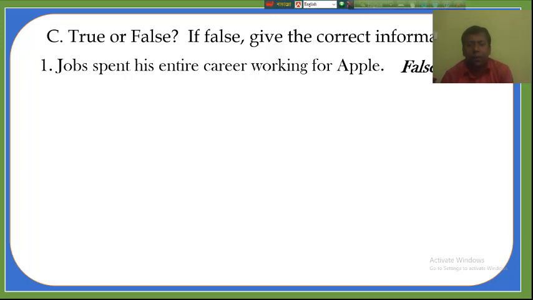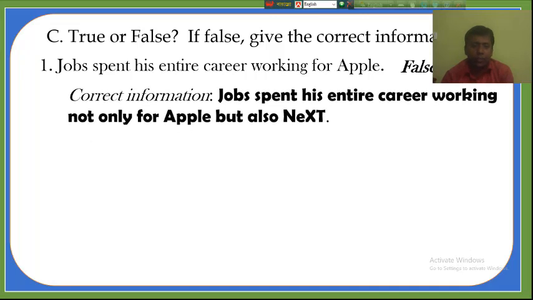The answer is false. The correct information: Jobs spent his entire career working not only for Apple but also Next. Dear students, note down this answer.